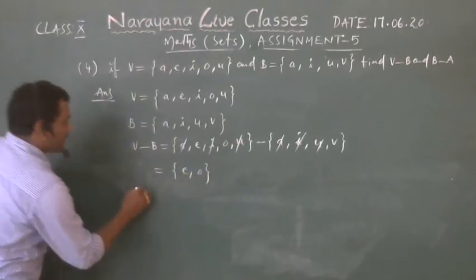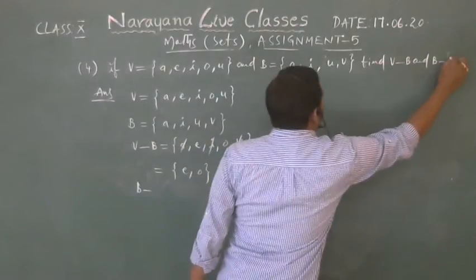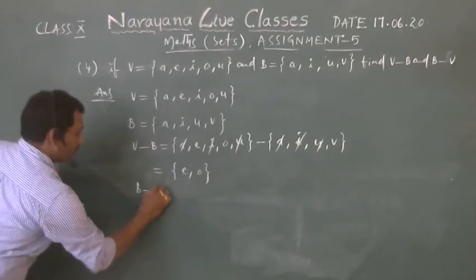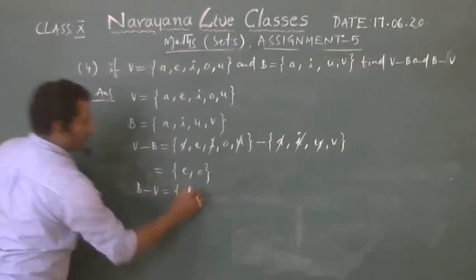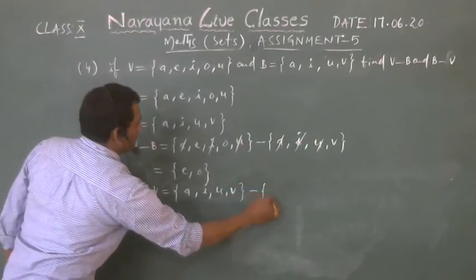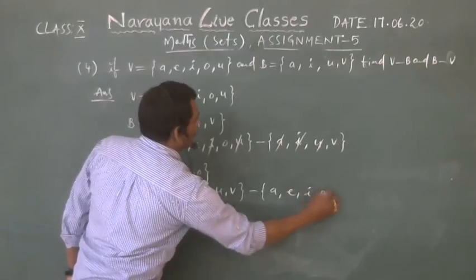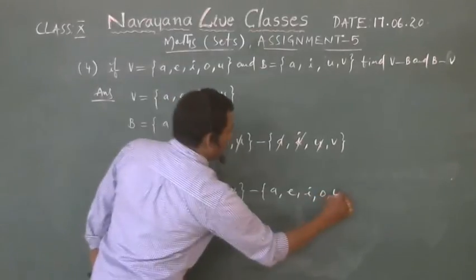Next one, B minus V. Here B minus V: {A, I, U, V} minus {A, E, I, O, U}.